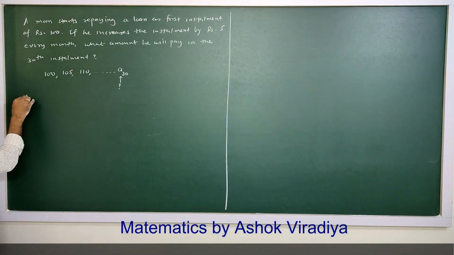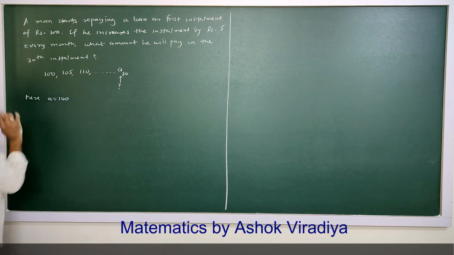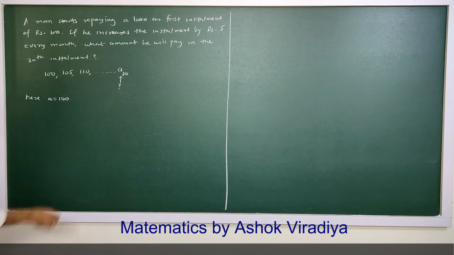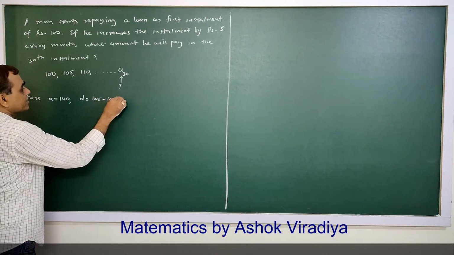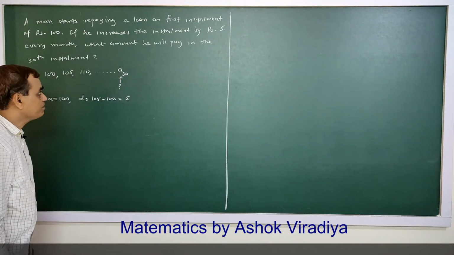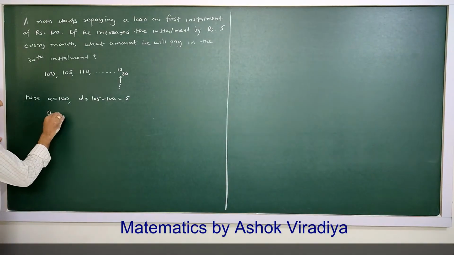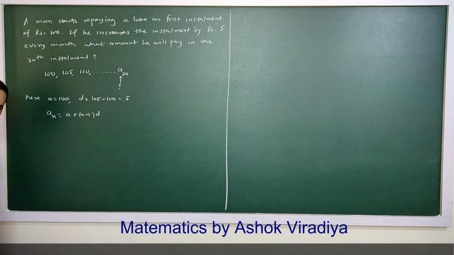So say here a is 100, the first term is 100. The common difference is 105 minus 100, every month increasing by 5, so the difference is 5. Now the formula for the nth term is a plus n minus 1 into d.